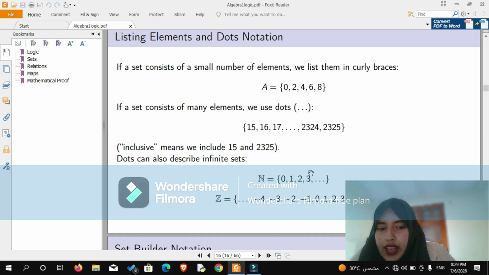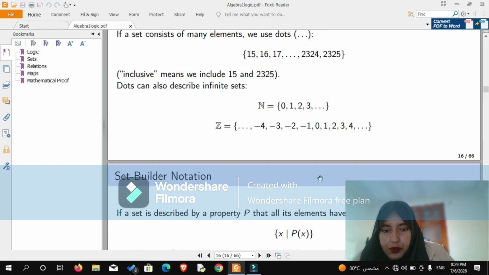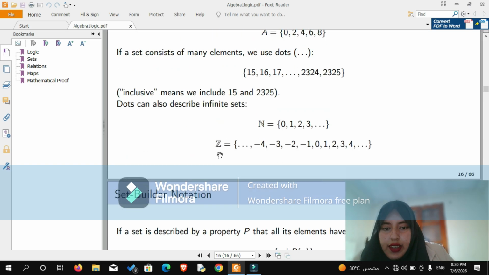If it is infinite, the dots come at the end. For natural numbers, we write 0, 1, 2, 3, and so on. This means the set is infinite. Same with the set of integers: it starts with dots, which means it goes to minus infinity, and this goes to plus infinity.